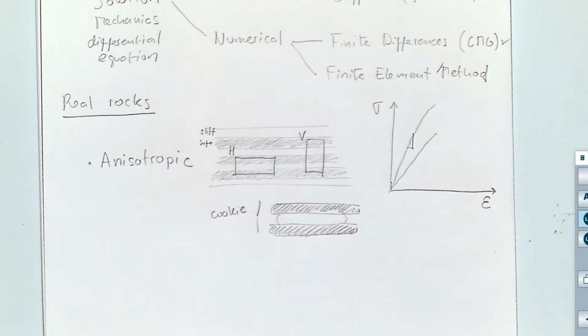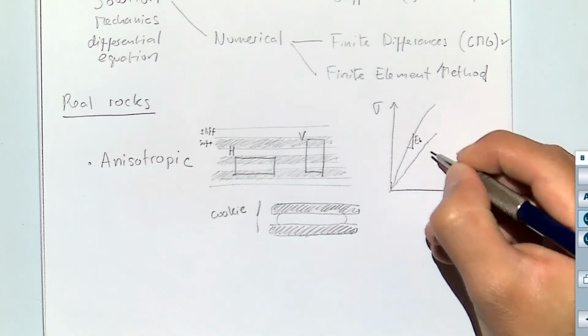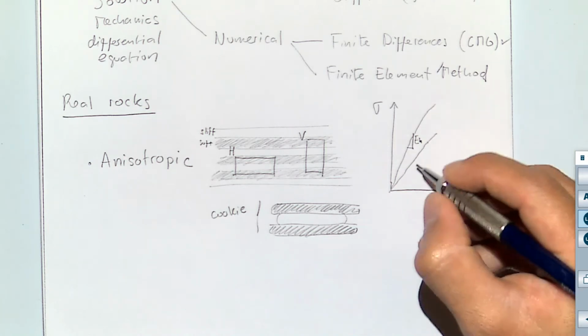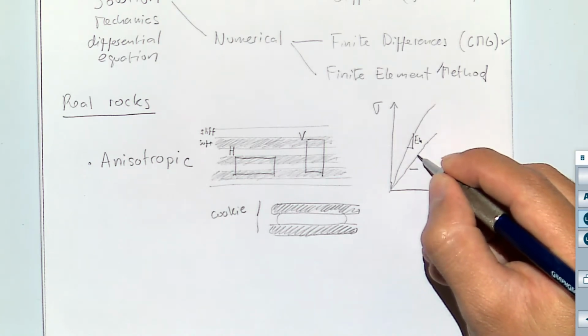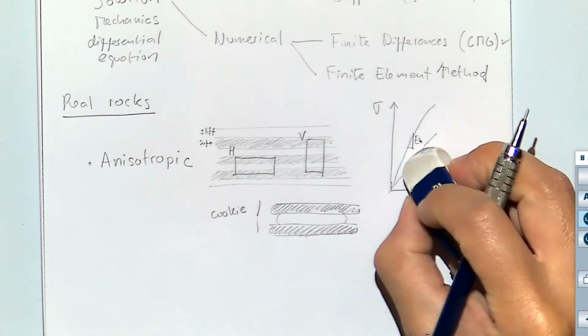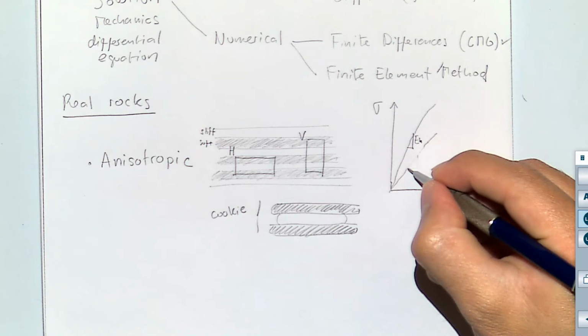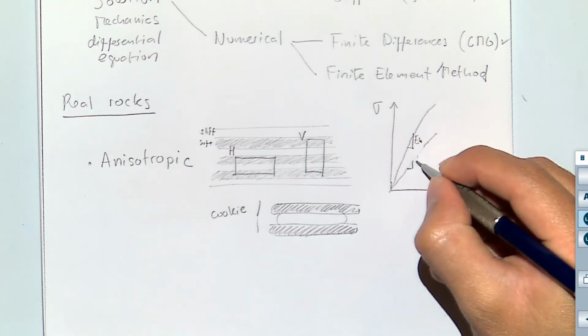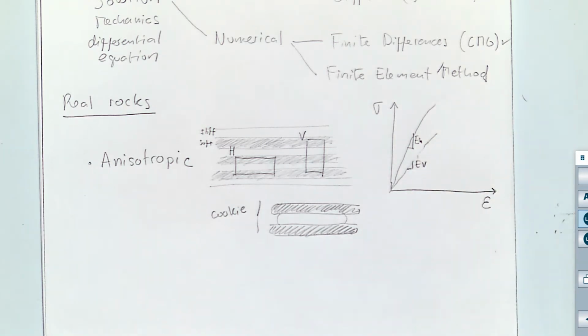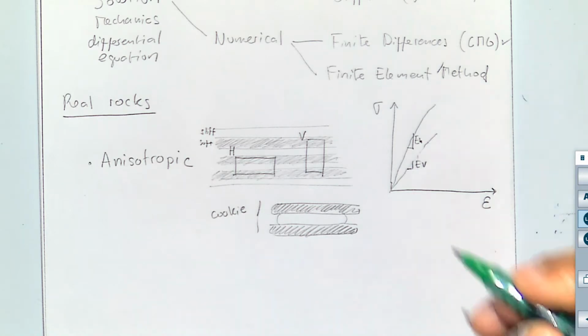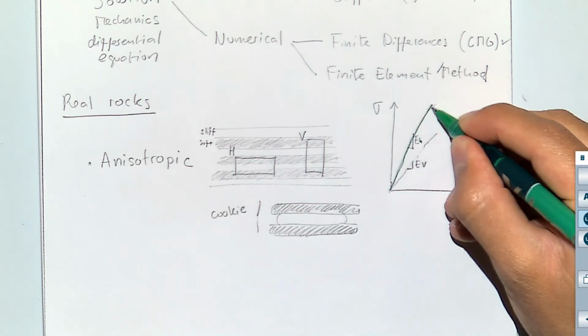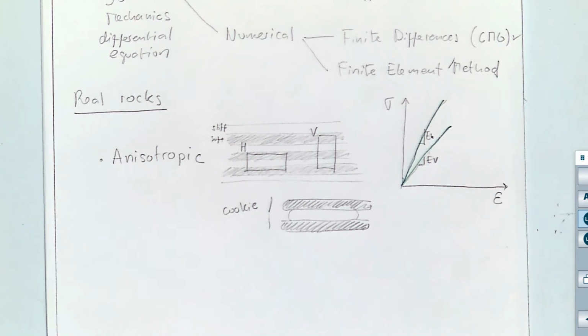So the rock is going to be the same, and the horizontal Young modulus is going to be higher. This looks misleading, just let me do it the same length. The Young modulus is going to be higher in the horizontal direction than in the vertical direction.